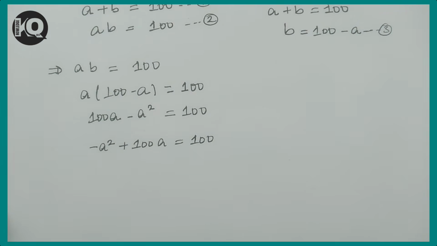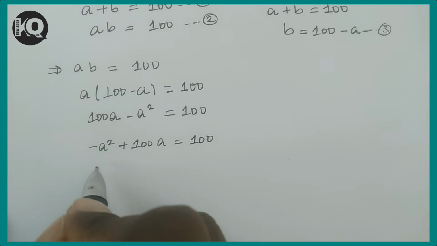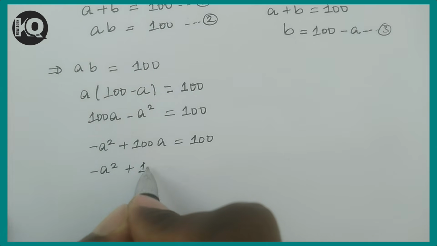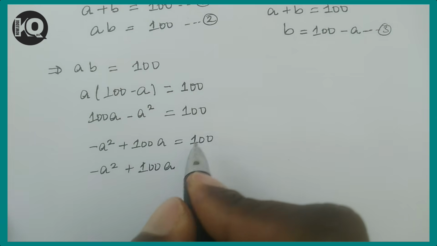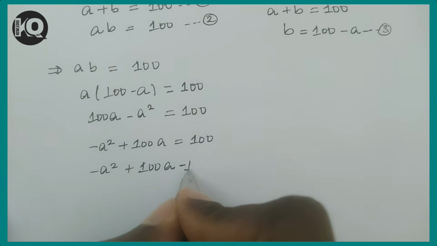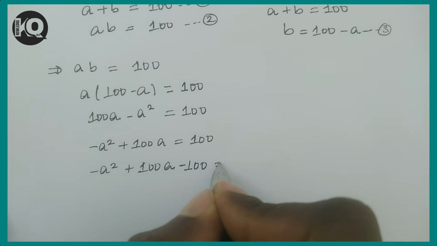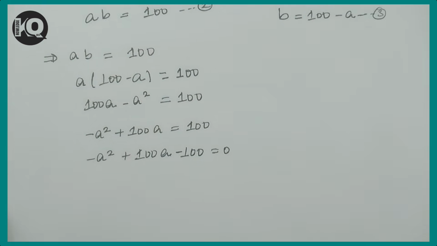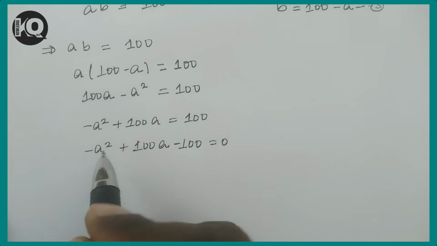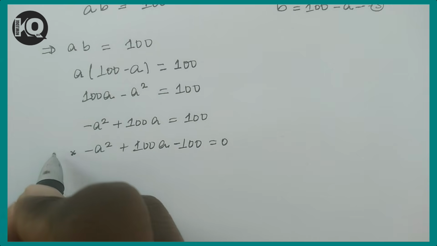Let's rearrange it again: minus a square plus 100 times a. Let's bring this 100 into the left hand side, which will be minus 100, equal to 0. Here the coefficient is negative, so to eliminate the minus sign, let's multiply both sides by minus 1.